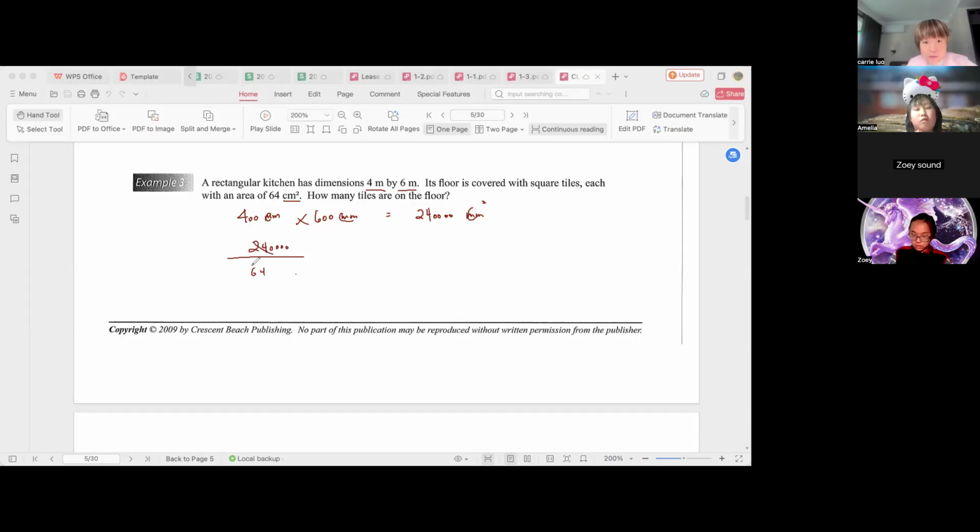Correct? Okay, so this one we can do 24 equals 4 times 6 times 10,000. And this one is 8 times 8. So we can just do 30,000 divided by 8, correct?